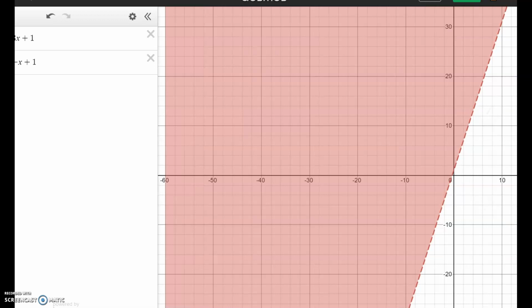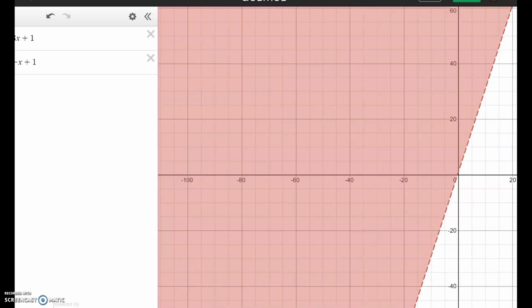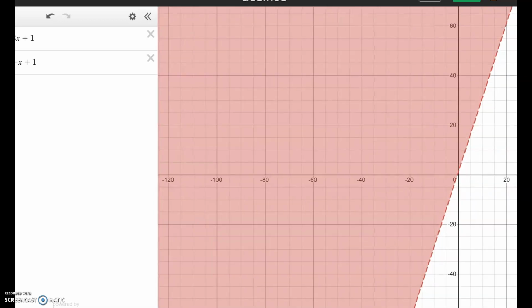Notice that, let me make it a little bit smaller. And notice that in this case, that's your line, and we're shading every coordinate point above the line.